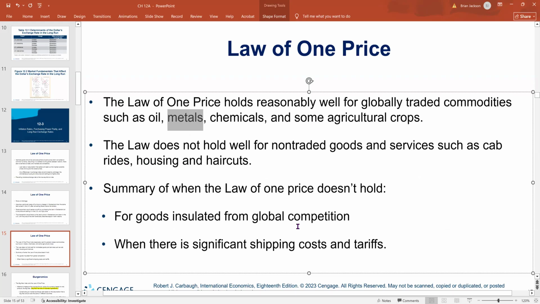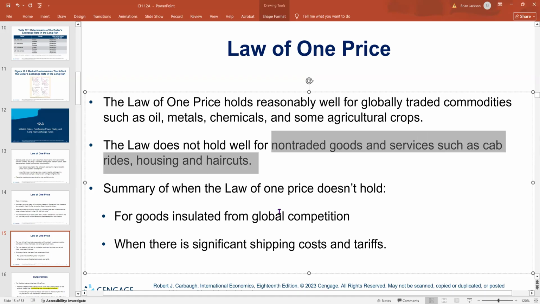The law of one price, though, does not hold well for non-traded goods and services such as cab rides, housing, and haircuts. It may be the case that a haircut is much cheaper in the United States than it is in France. But a French citizen is not apt to hop on an airplane and go to the United States every time they need a haircut.